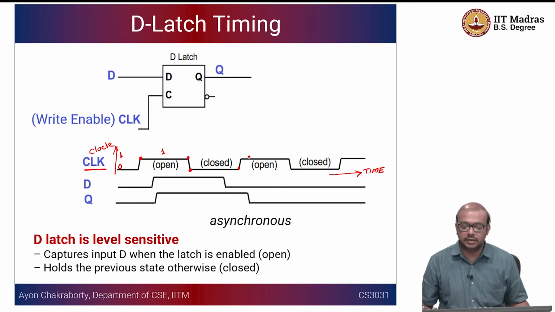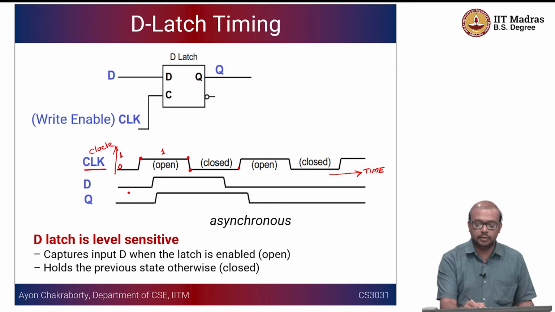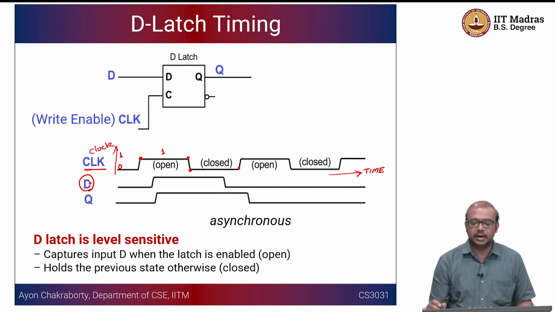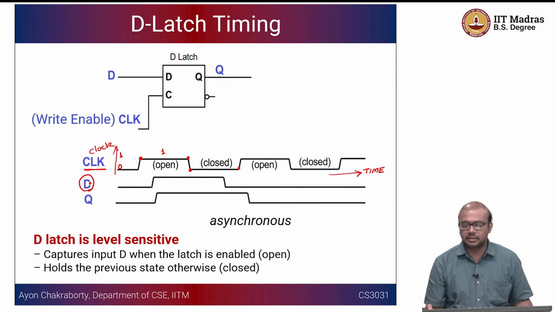Here we are interested in looking into the timing diagram of a D-Latch. Let us consider this as the timing input or the clock input on the top. Next is the data, this is your D. The data could be provided anytime, just that it is going to be transferred to Q if and only if the write enable is equal to 1, right?